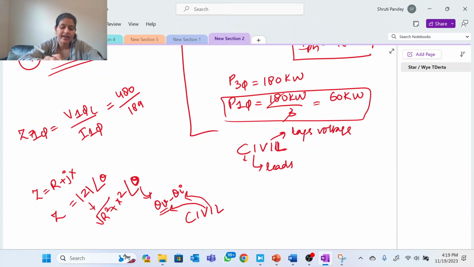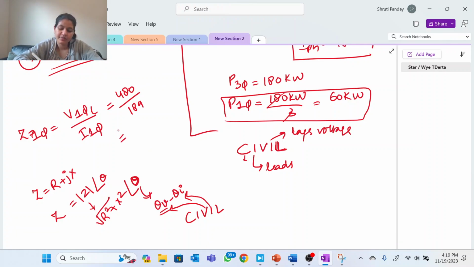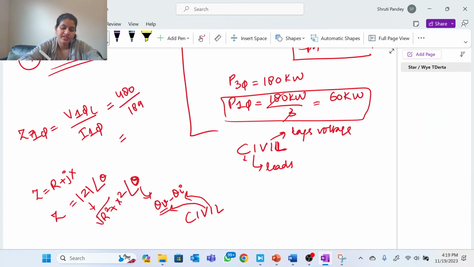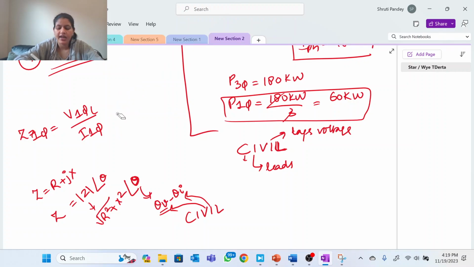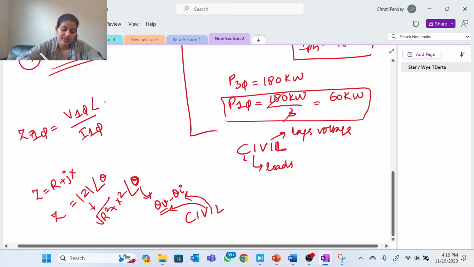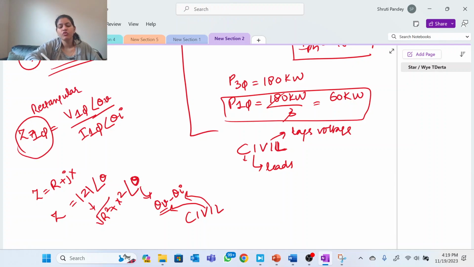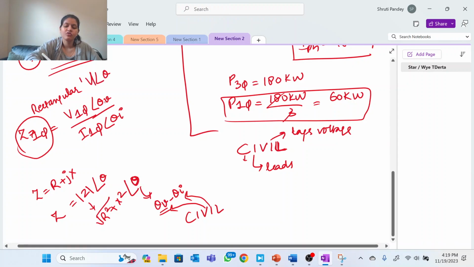I'm going to rewrite this like this. I wrote it down so that you don't have any confusion, but now this will be theta V upon theta I. So this Z is written in polar form, right? Whenever voltage is written in polar form, this is the voltage magnitude and this is the voltage angle.